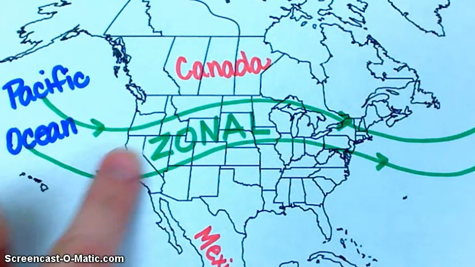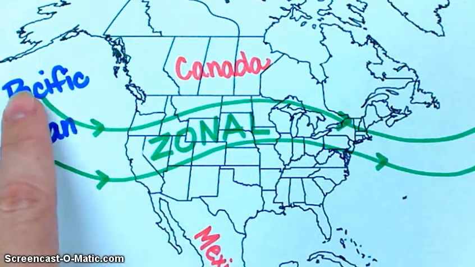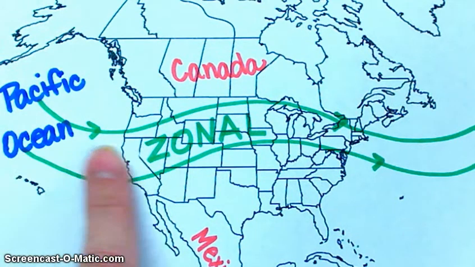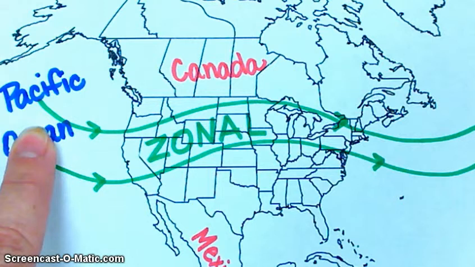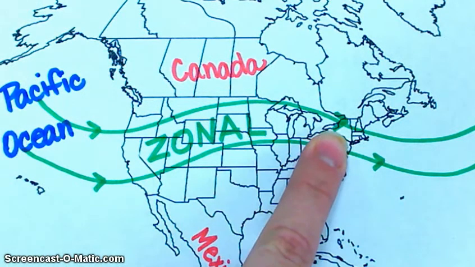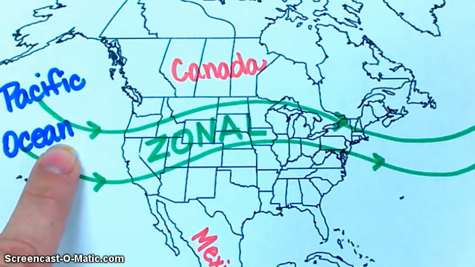When you have a zonal pattern, and there's not a whole lot of variation, most of what we're getting over the United States is ultimately coming from the Pacific Ocean, because the Pacific Ocean is out west of the United States. So in a zonal pattern, the source region for much of our air is the Pacific Ocean.